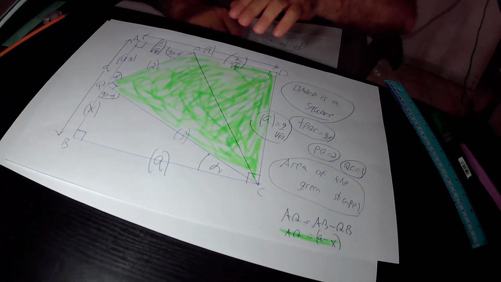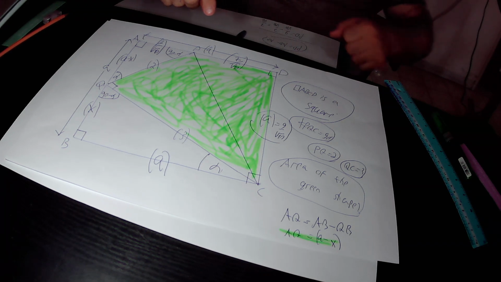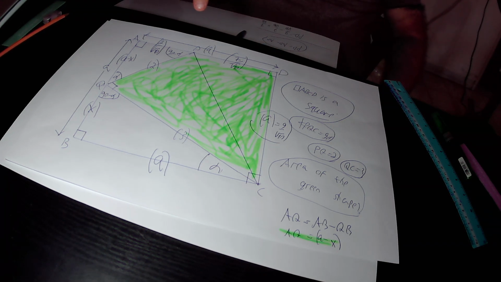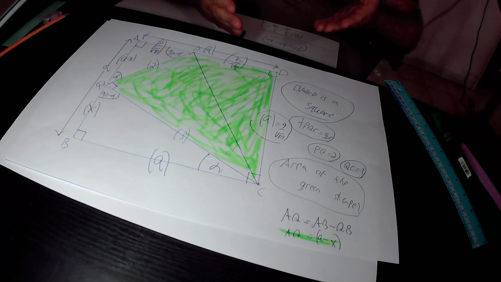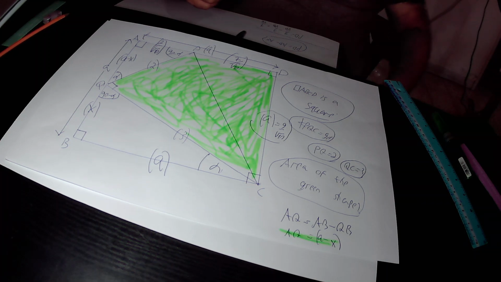Actually, the green shape consists of the two right triangles, PDC and PQC. And therefore, the area of the green shape must be equal to the area of the two components that the green shape consists of. That is to say, the area of the green shape must be equal to the area of the right triangle PDC plus the area of this right triangle PQC.